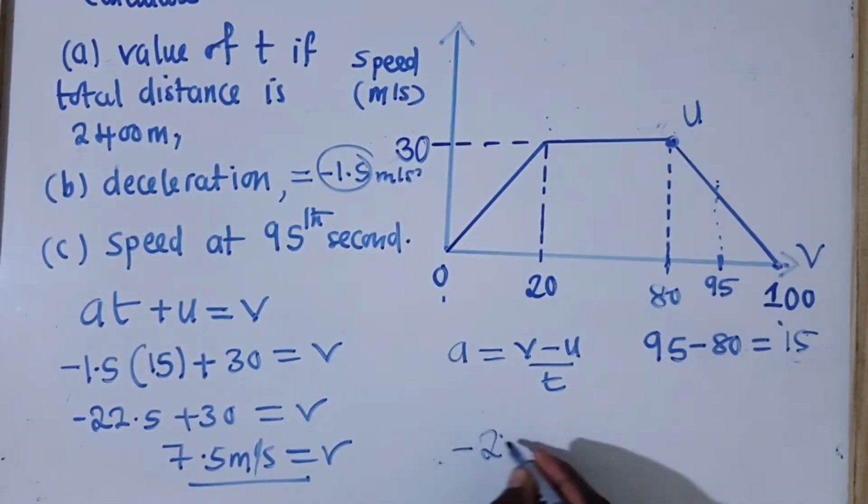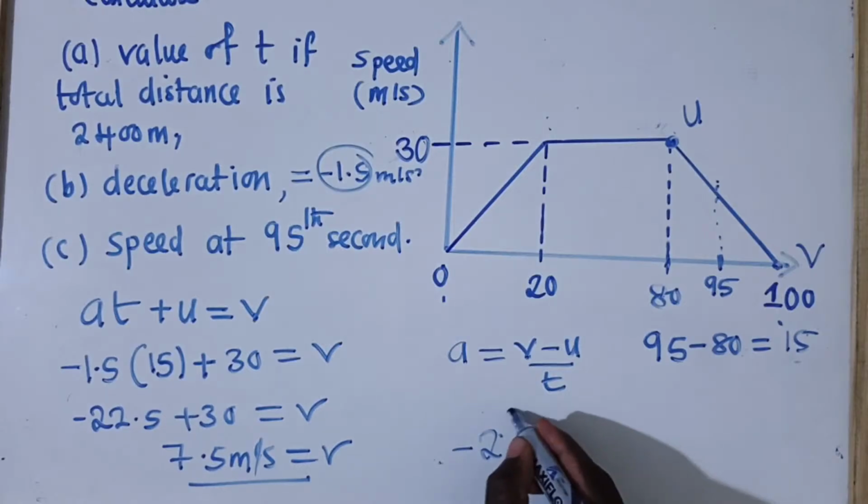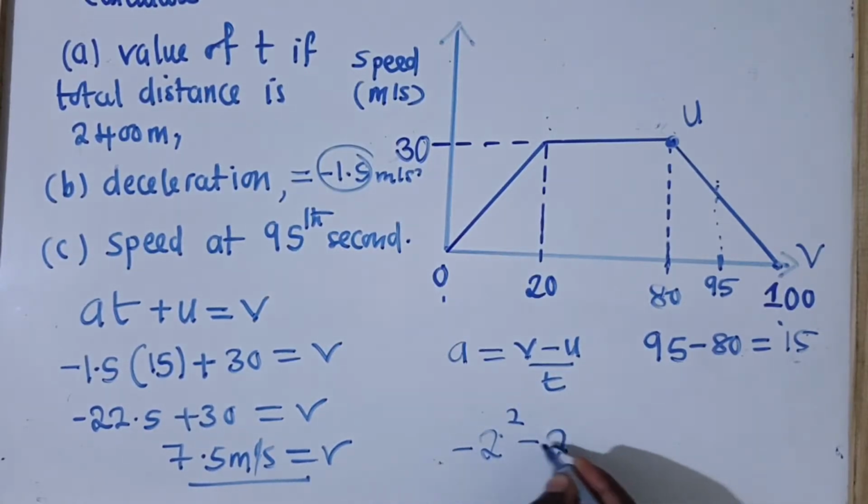So, negative 2 squared minus 2 squared is equal to what? Negative 2 squared, actually it's minus also here. Negative 2 squared minus 2 squared.